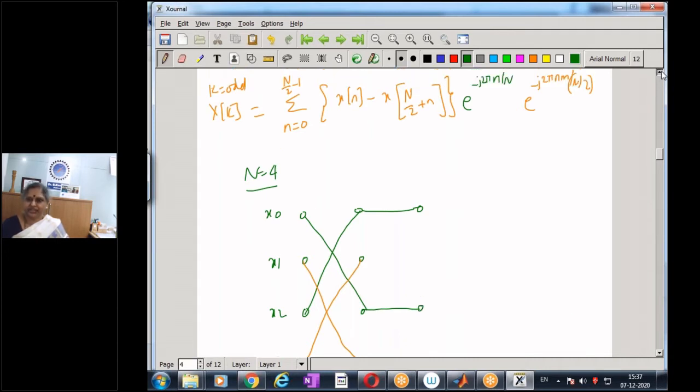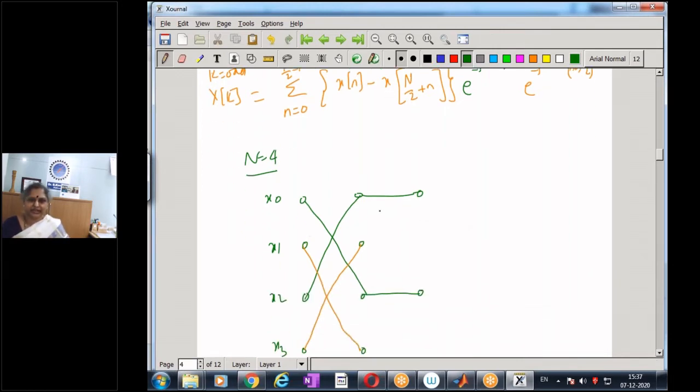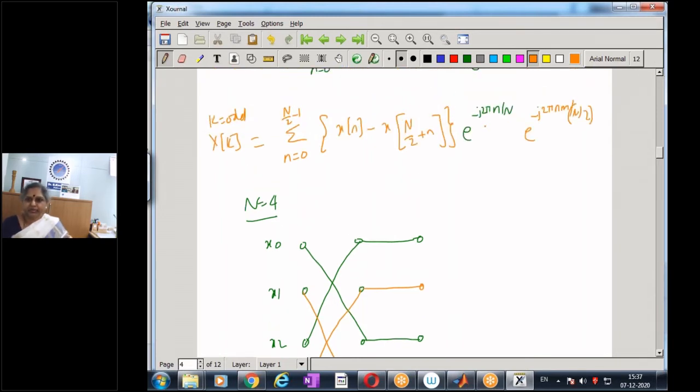And in the next case, for k odd, in the first case n equal to 0, so e to the power minus j0 is going to be a 1. So this is going to be a summation, x1 plus x3, and that is what comes here. And here it is going to be x1 minus x3, but multiplied by what term? e to the power minus j 2 pi by 4 for n equal to 1.